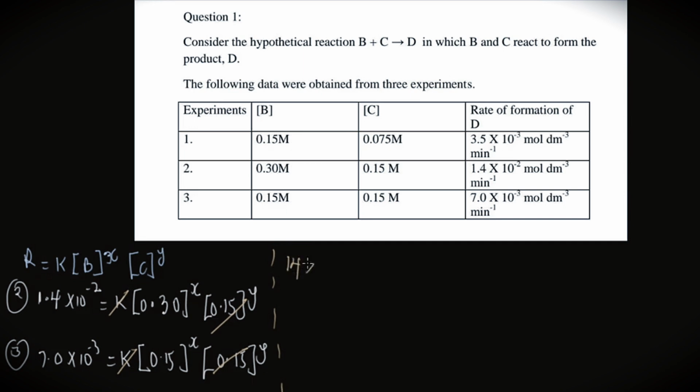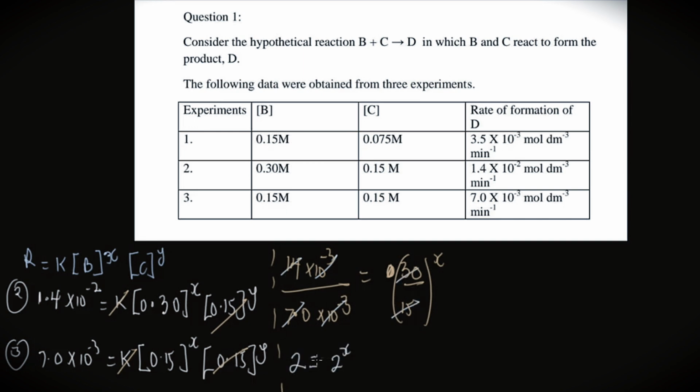So therefore we should have 14 times 10 raised to power minus 3 over 7.0 times 10 raised to power minus 3 equals 0.30 over 0.15, everything raised to power X. So the left side gives 2, and the right side is 2 raised to power X. Anything raised to power 1 is itself, so 2 raised to power 1 will still give us 2.